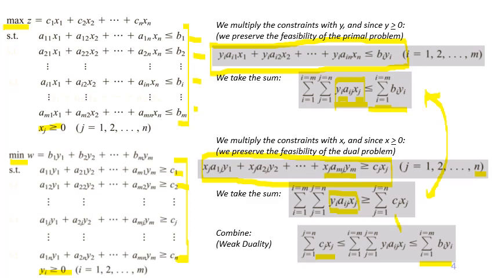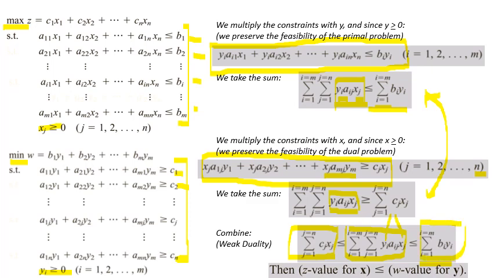So if we have x, which is feasible, and y, which is also feasible, then the z value for x is always less than or equal to this thing, and the w value for y, which is this, is always greater than or equal to that thing.